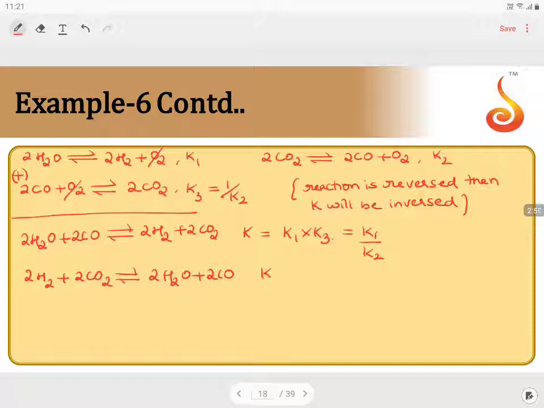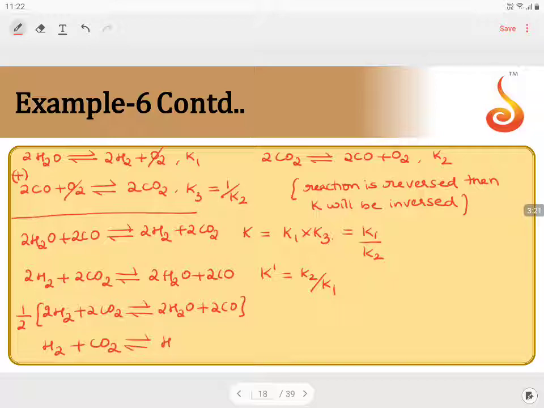Now the new K, K dash, will be equal to K2 by K1, the reciprocal of K. Now multiply the entire equation by half: 2H2 plus 2CO2 gives rise to 2H2O plus 2CO, and you will get the resultant equation H2 plus CO2 gives rise to H2O plus CO, which is required for us.